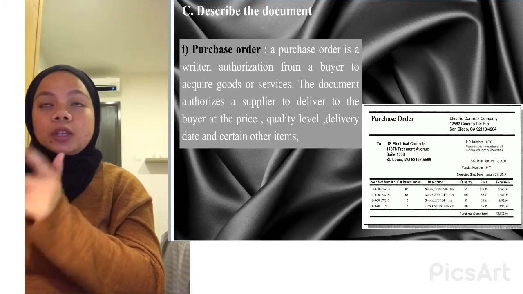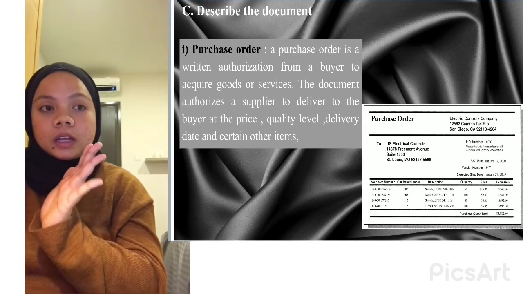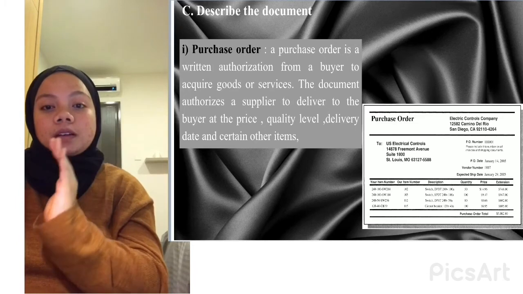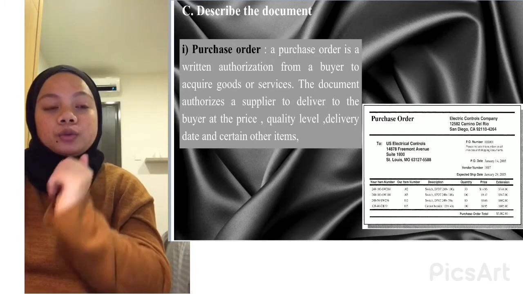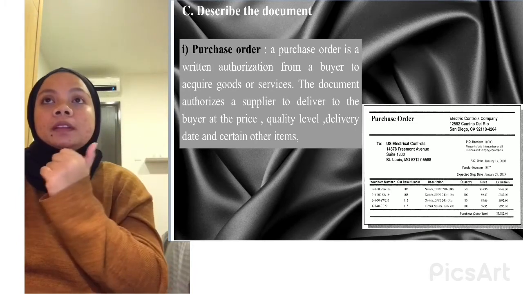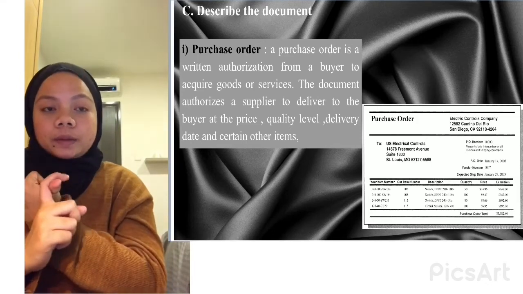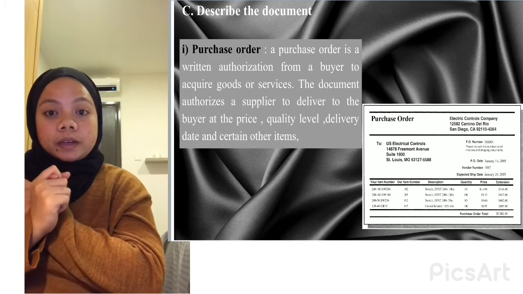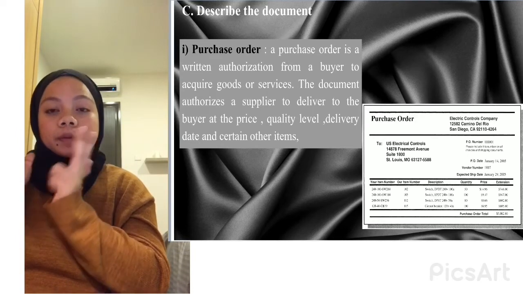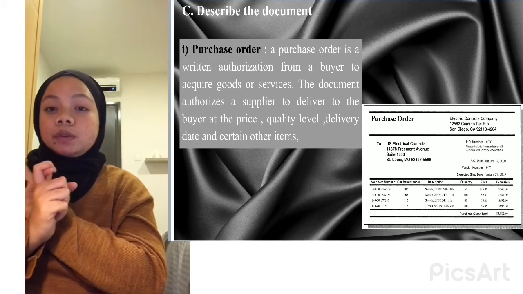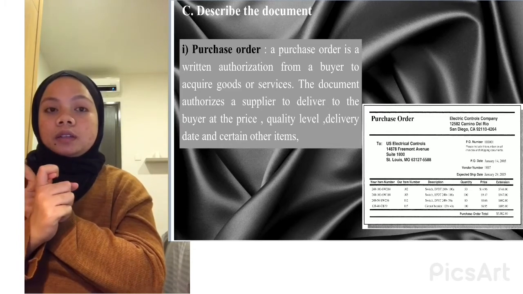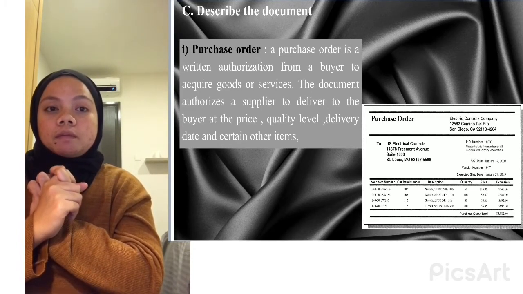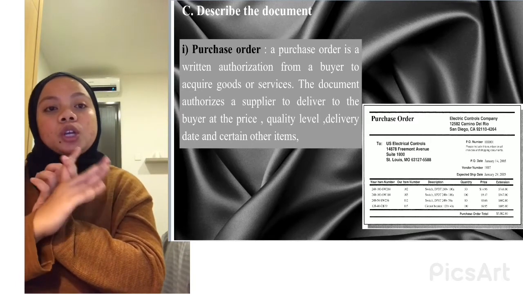This document will authorize the supplier to deliver the goods to the buyer at the correct price and the quantity level needed by the buyer, and the purchase order will also state the delivery date and certain other items.